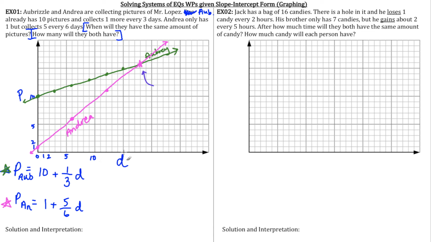So this is 10, 15, 16, 17, 18. And this is 5, 10, 15, 16. So our shared solution is 18, 16. Remember that 18 is the number of days, and the 16 is the number of pictures.